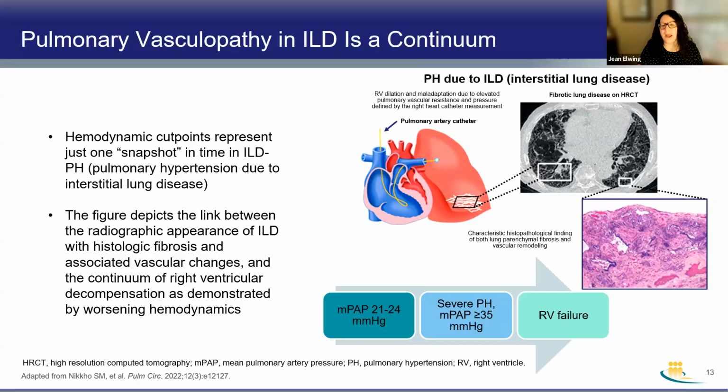Initially you might have mildly increased pulmonary pressures, but over time, disease will worsen and ultimately result in right heart dysfunction and right heart failure. So we really want to be able to think about this early and detect it before we've reached that point of significant right heart failure.